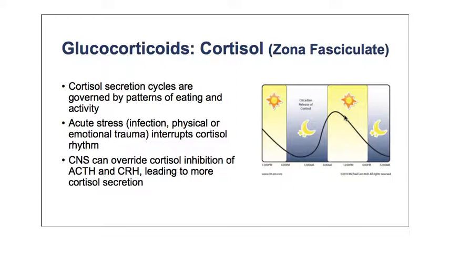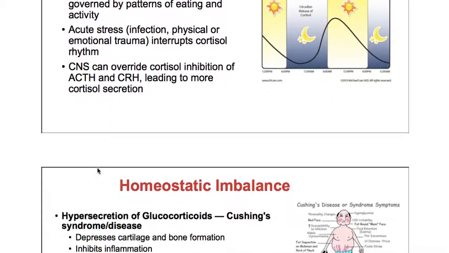Then as you go through the day, the levels are going to decline, and you'll have your lowest levels just before you go to bed because you don't need a lot of energy when you're sleeping. Then you'll go through the same pattern the next morning, with a nice flood of this as you wake up, and it'll decrease throughout the day. The central nervous system can override this normal cyclical pattern, and we'll talk about the stress response and how that can influence this cyclical pattern.